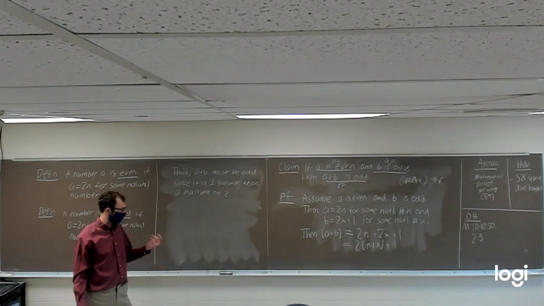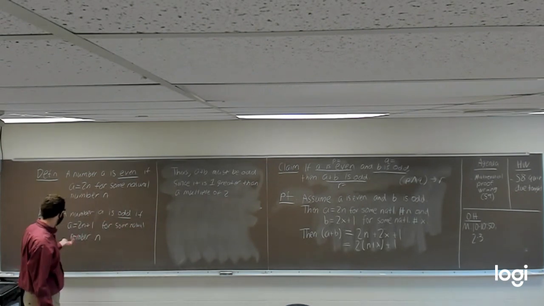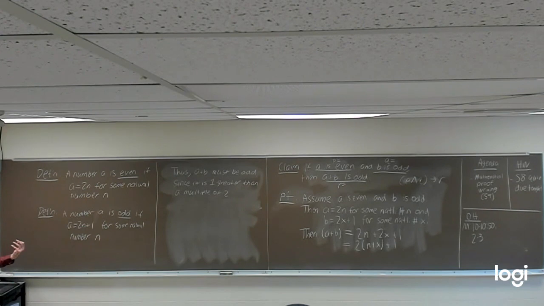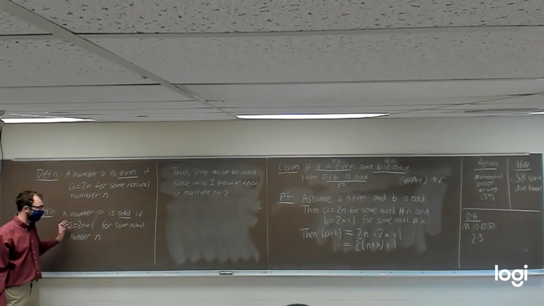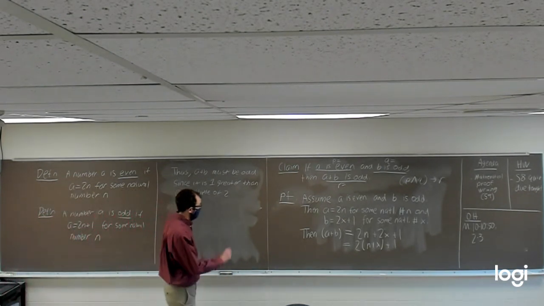It's equal to 2 times the quantity n plus x plus 1, and that's all we need in order for A plus B to be an odd number: A plus B has to be equal to 2 times some counting number plus 1. And there's our proof.